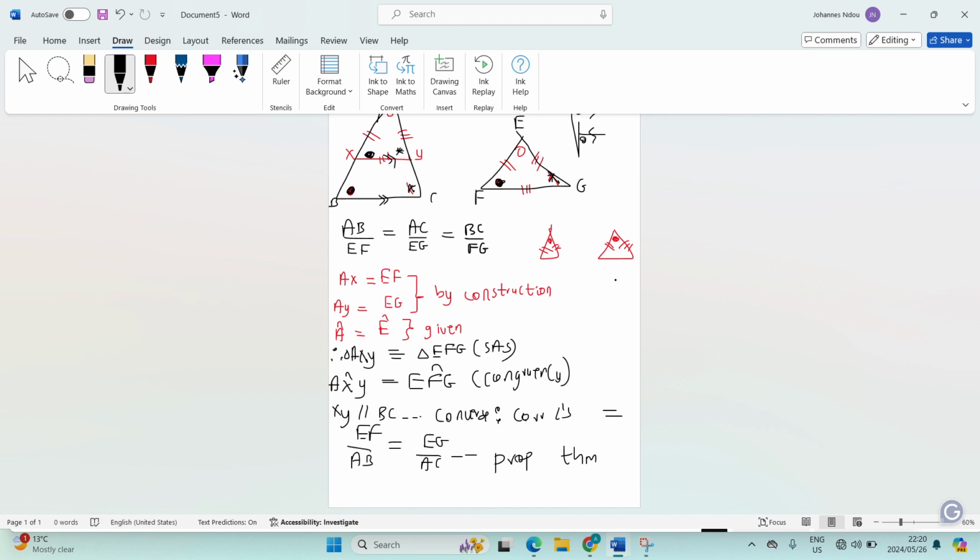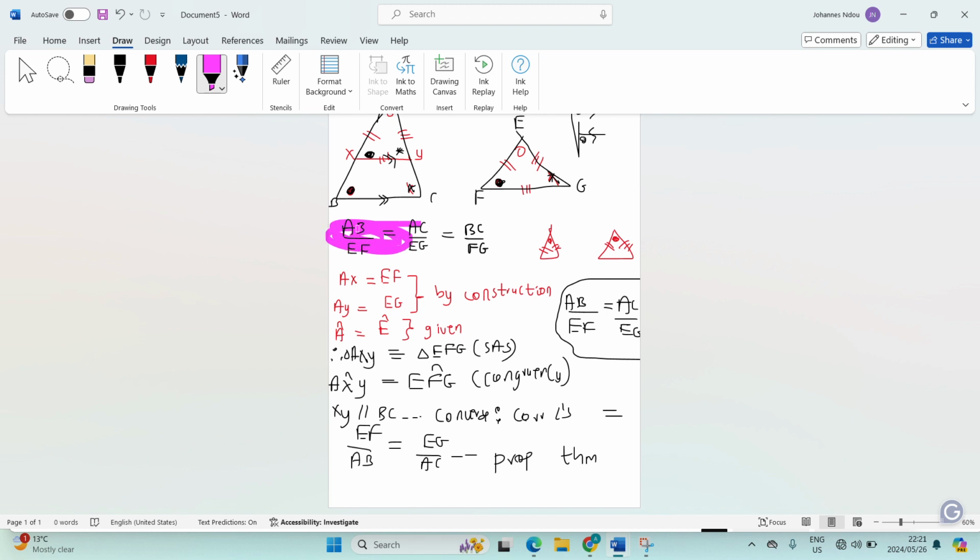Now invert the order such that you swap the numerator and the denominator on both sides. Now this will be the case that AB over EF will then be shown to be equal to AC over EG, and that is what is here.